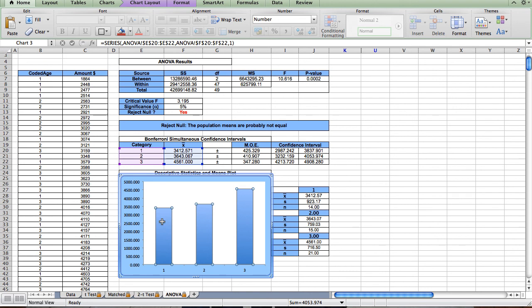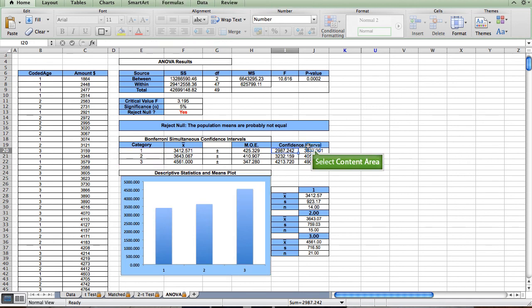Looking at the means plot, I can see that just descriptively, 1 and 2 sample means are not apparently that different. In fact, the confidence intervals substantiate that because of the overlap.